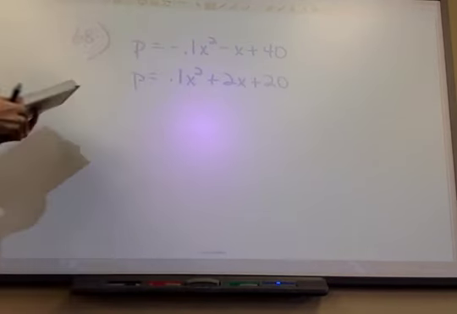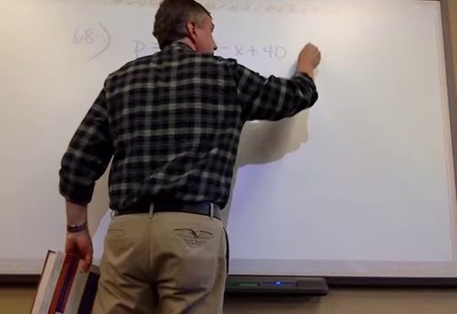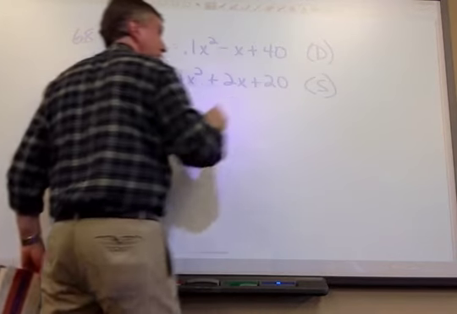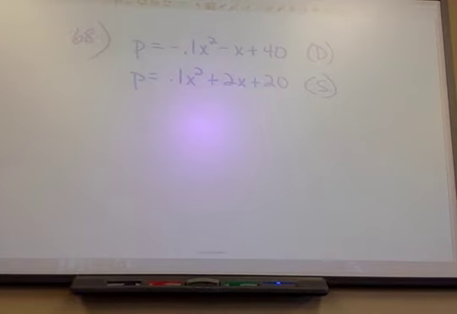This was demand, and this was supply. They asked me to find the equilibrium quantity and price. So I want to find the x and p values where they meet, in other words.